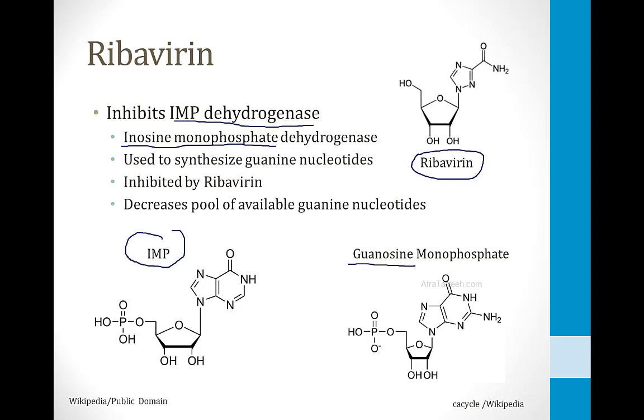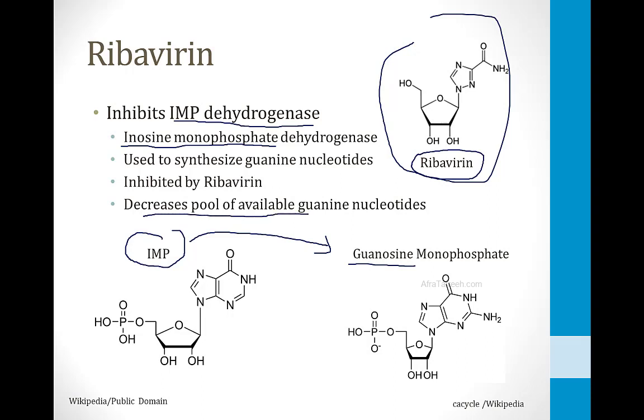So when IMP dehydrogenase, which is one of the enzymes that converts IMP into guanosine, binds ribavirin, thinking it's an IMP molecule, it then becomes inhibited. This is going to decrease the pool of available guanine nucleotides, so there'll be less guanosine around to use in general, and this means less around for viruses to use to build copies of their nucleic acid genomes.